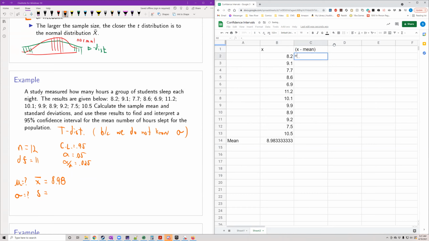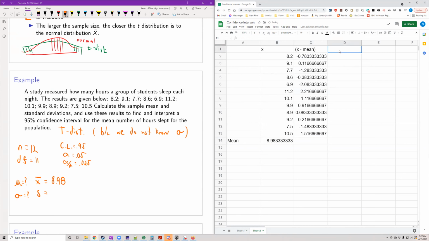So that would equal this value minus this value, and we need the $ on the mean, so we know not to change it. Bring that down. Next, we need the difference from the mean squared. So we'll do this times itself.